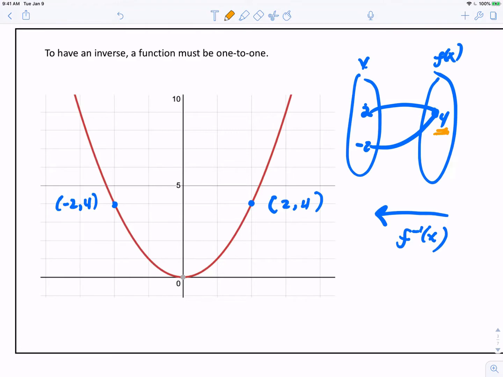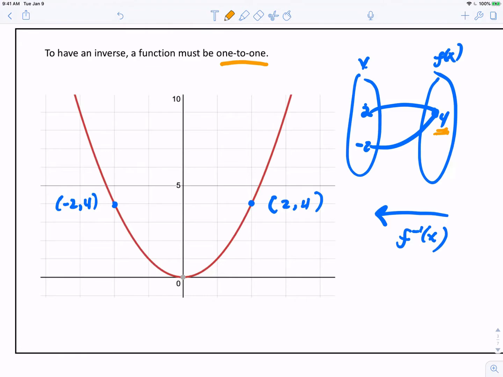That's why we can't invert this. We can't go backwards because 4 would have two places to go, and in a function every x has to have only one place to go. So this is a function which is not invertible, because it isn't one-to-one.